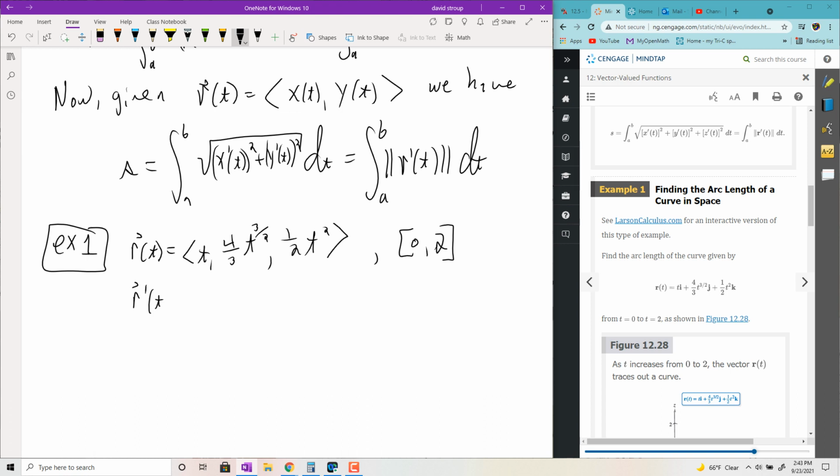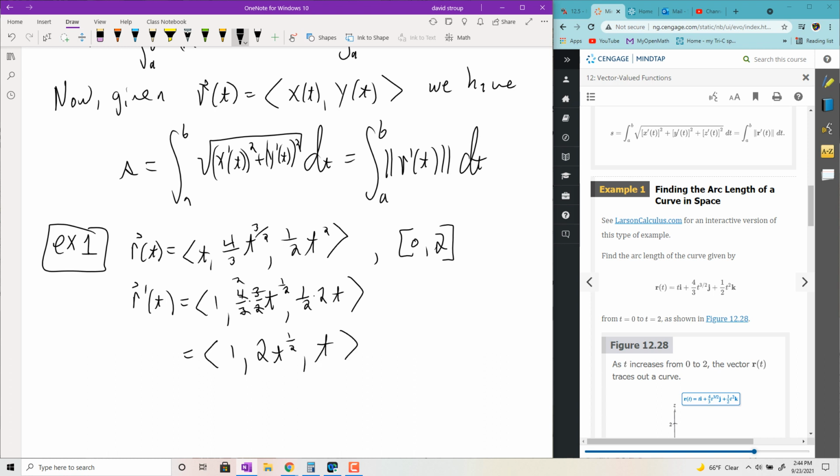So we have 1, then 4/3 t to the 3/2 minus 1 is 1/2, and we brought down a 3/2 for the power rule. Then for the last term, bring down the 2, and t to the 2 minus 1 is just t. So we have 1, comma, these cancel, so 2t to the 1/2, comma t.